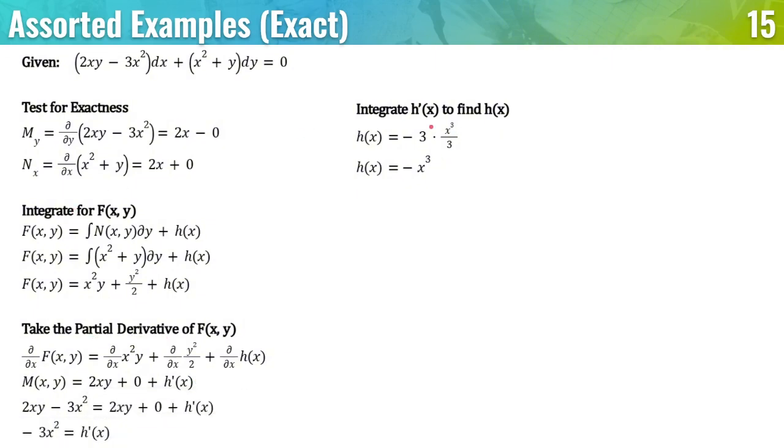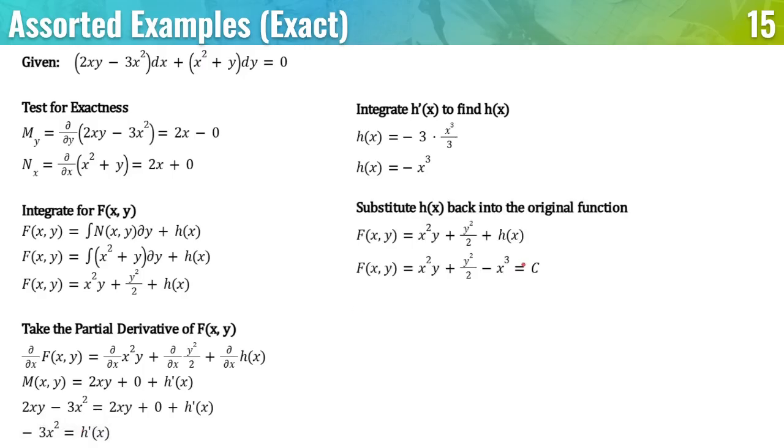You need to take the integral of h prime of x and put it in the function itself. So for this one, we have h of x is negative x cubed. And then you have to simply equate all of this to c. So this is going to be our final answer, since for exact equations, unless the instructions state otherwise, the best answer is equal to c.